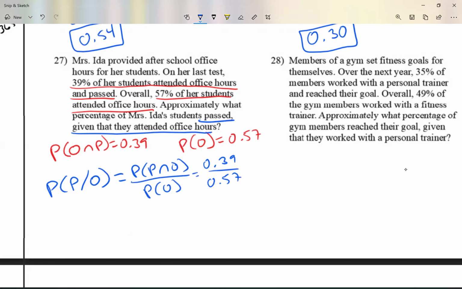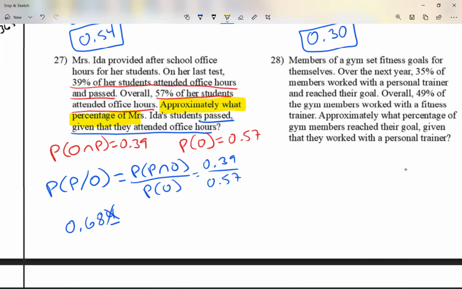When I divide 0.39 by 0.57, it gives me 0.684. My third decimal number is small, so I'm going to ignore it, but I'm going to read my instructions here. Approximately what percentage? Oh, not what probability.